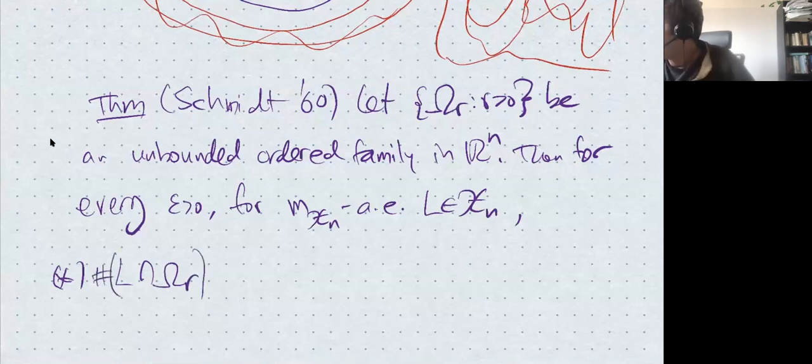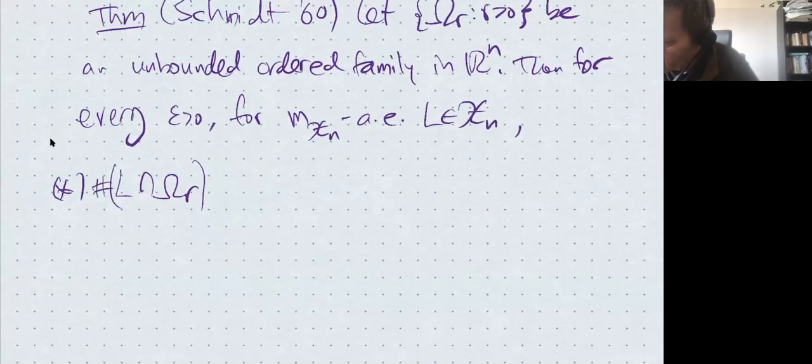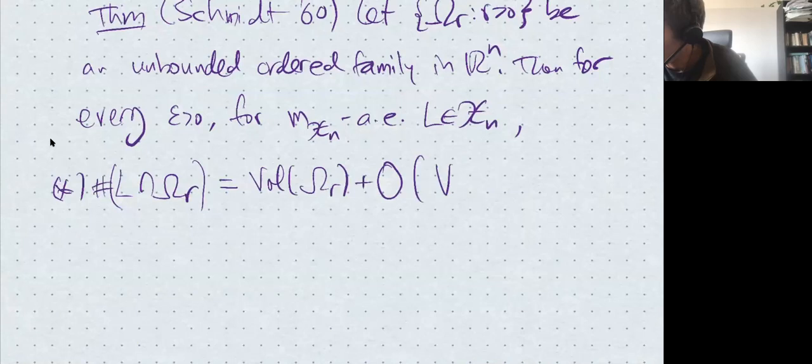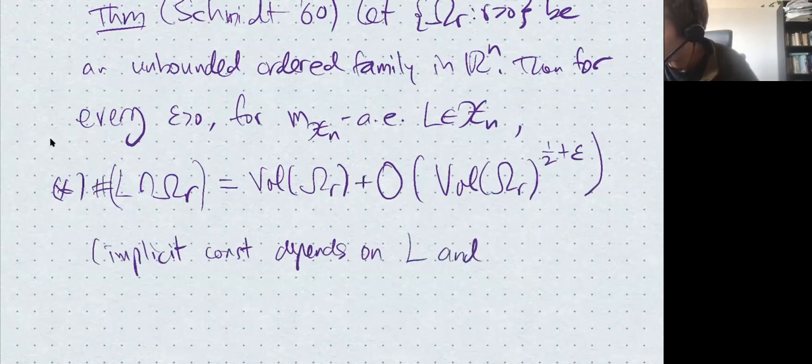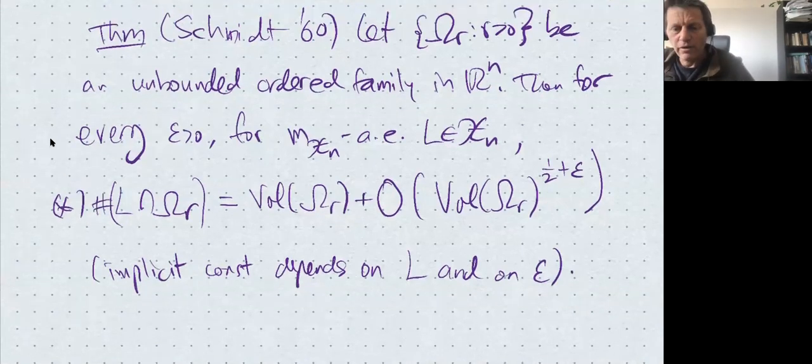The number of points in omega R looks like the main term, which is the volume, plus the power of the volume, and the power is 1/2 plus epsilon, where again the implicit constant in the O notation depends on L and on epsilon. So this is Schmidt's theorem.